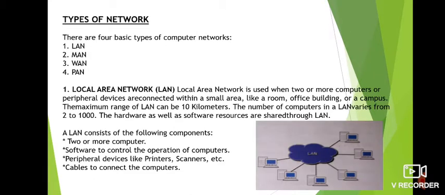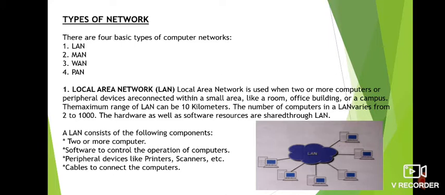Next is types of network. Dear students, basically computer networks are classified into four parts. The first one is local area network, then metropolitan area network, wide area network, and personal area network.